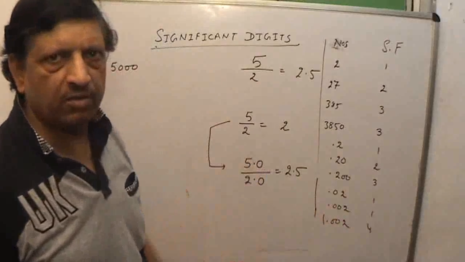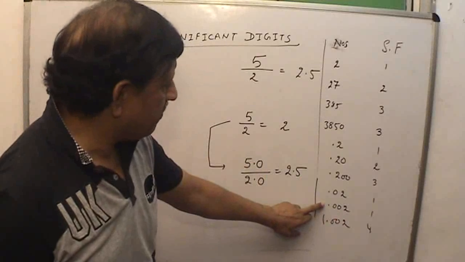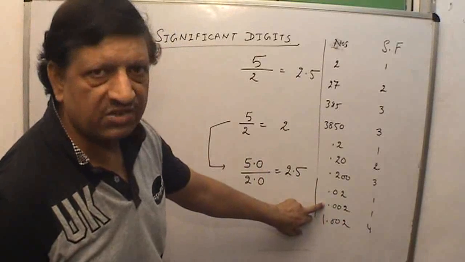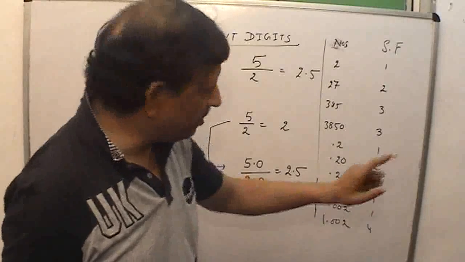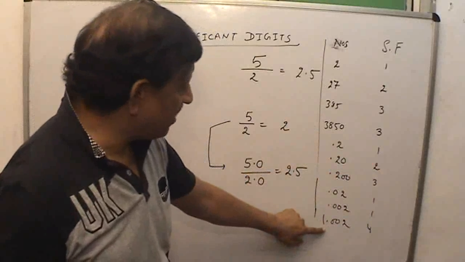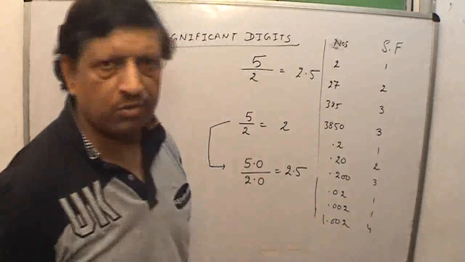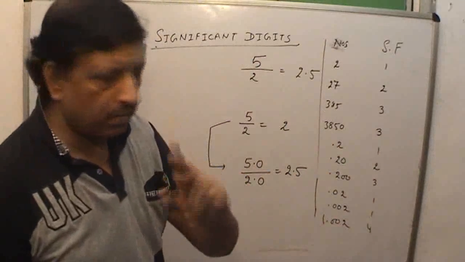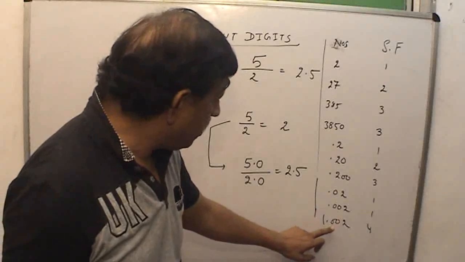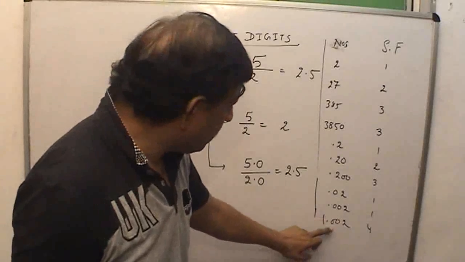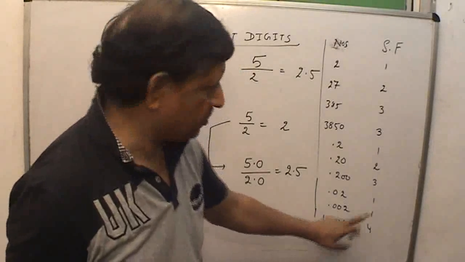Rather, we can say in simple arithmetical language, we have calculated this figure up to 3 decimal places, but it has only one significant digit. But in this case, 1.002, there are 4 significant digits, but we have calculated it in our arithmetic up to 3 decimal places.